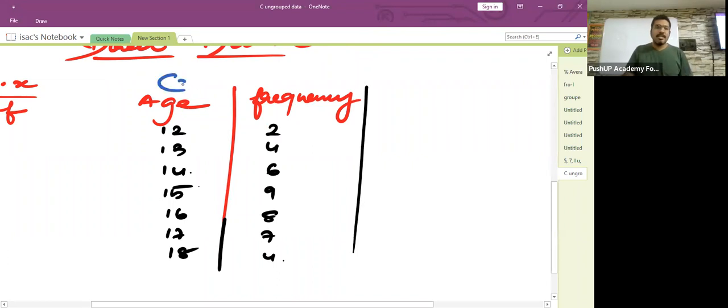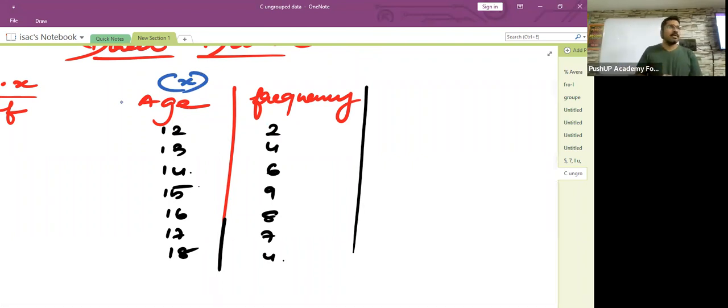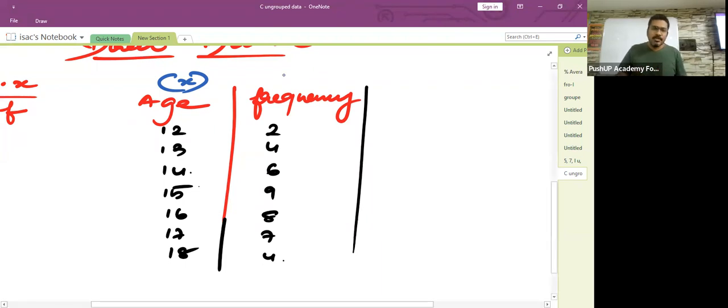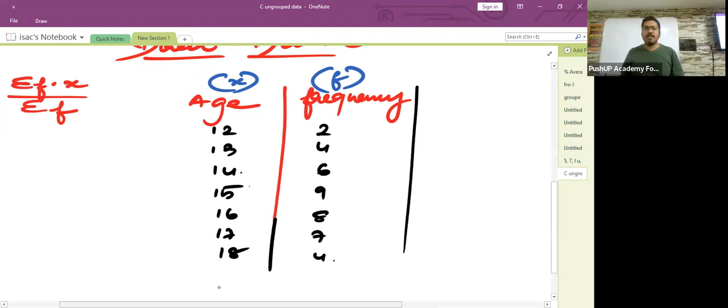X is the age. You can also call it a variable where you define all the ages. And what is f here? It is the frequency. All right. So as per the formula, it should be sigma f into x.